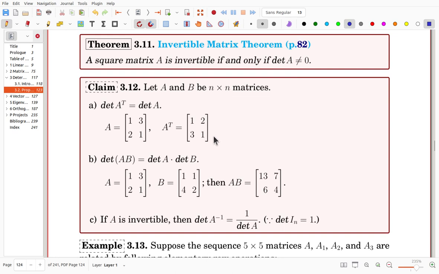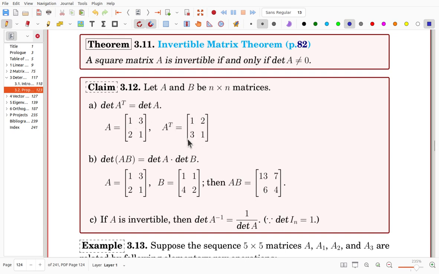We have some more properties. A and B are n by n matrices. Transpose means rows and columns change: the first column becomes the first row, and the second column becomes the second row, or the first row becomes the first column.